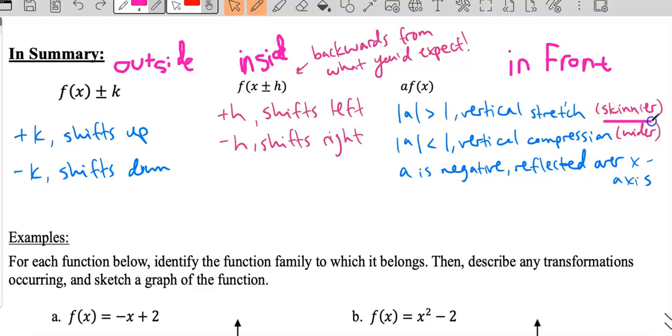Okay, so again, these words were fine last class, but now we're going to start using this academic terminology to describe our functions. Okay, so that's kind of all the transformations that can occur. So press pause if you need to jot this down.